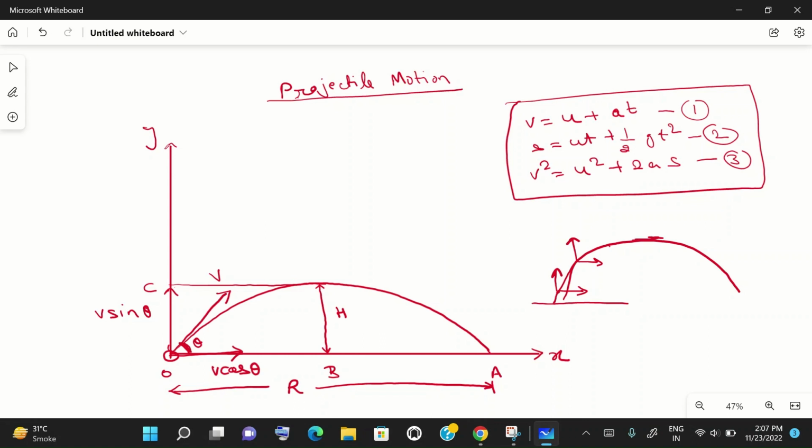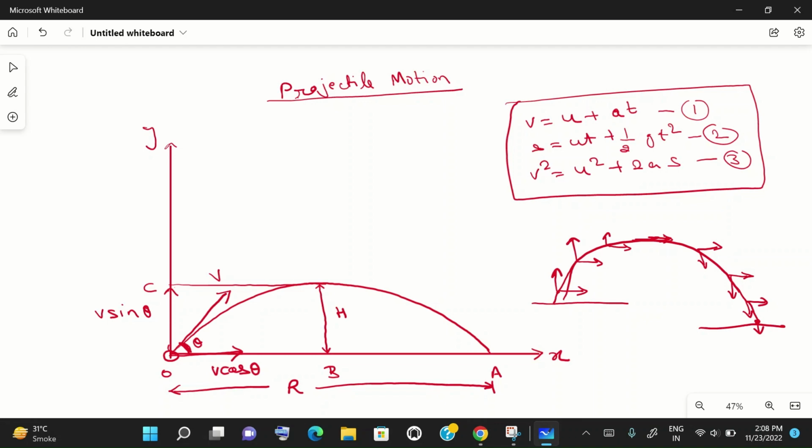At the maximum height there will be only the horizontal component, then it will move like this, and at the point where it lands, the vertical component will be there too.